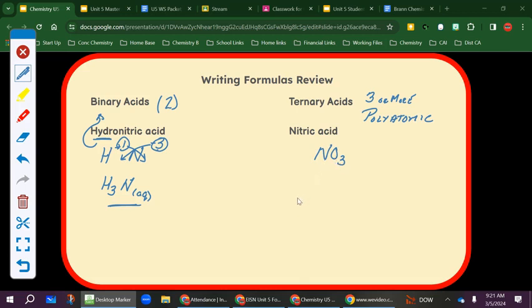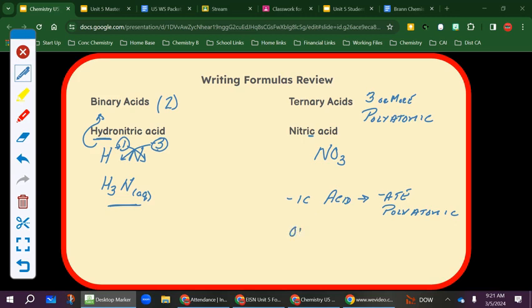Now, the rule is an ic acid comes from an ate polyatomic. So because this is an ic acid, it came from a polyatomic that ended in ATE. Anybody remember what the other ending on a ternary acid could be?